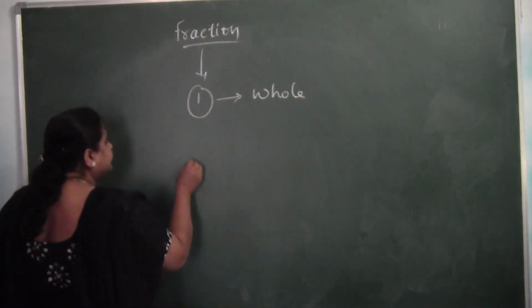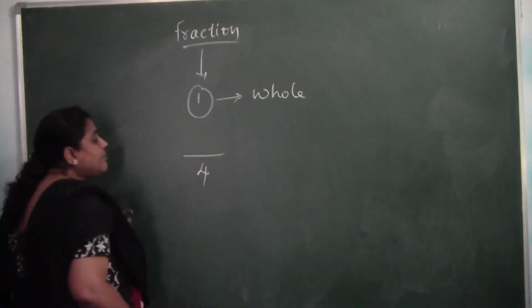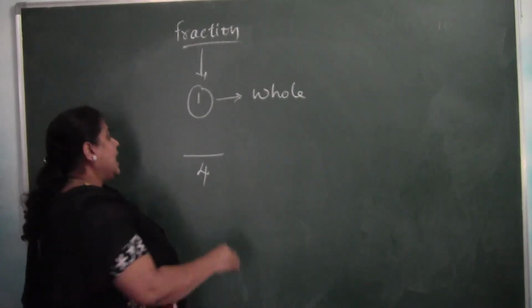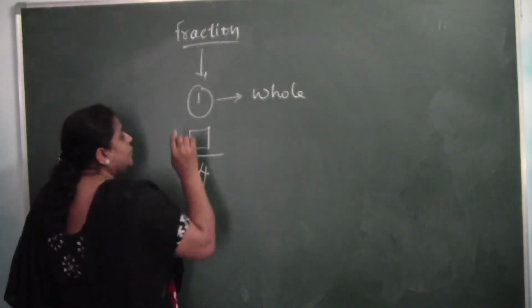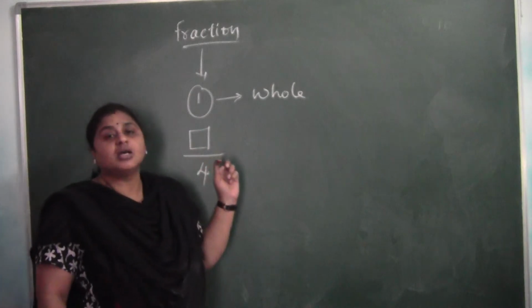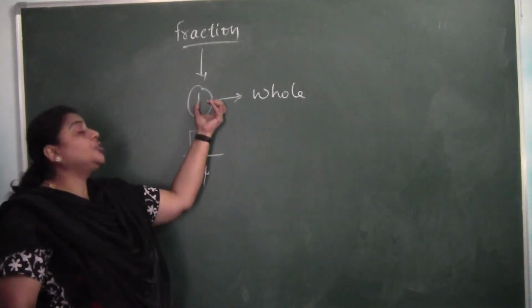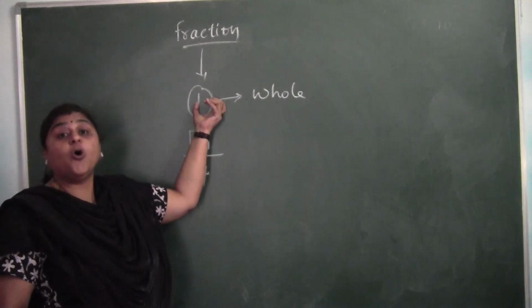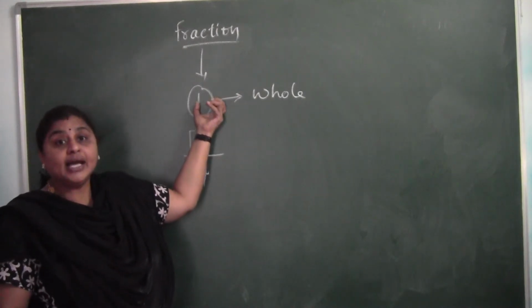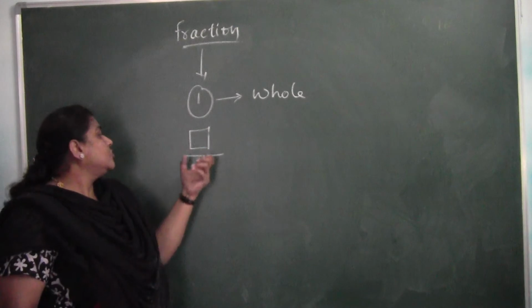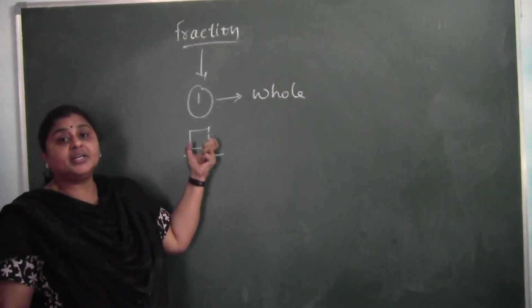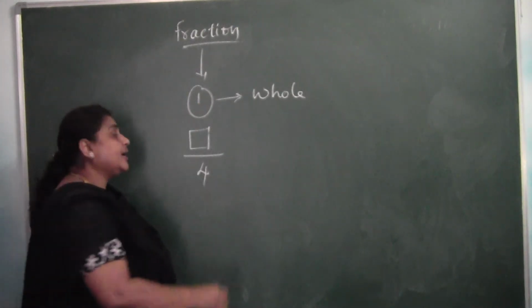Okay, now here I have my denominator 4 and there is a box. You have to fill in this box with a number such that this fraction is equal to 1, equal to whole. Whole is nothing but 1. Okay children. So which number should be written here so that I can make it 1?